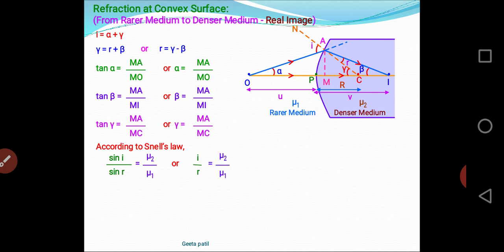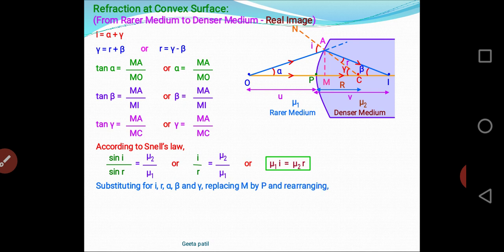Since the angle of incidence and angle of refraction are very small, sin I tends to only I and sin R tends to R. Therefore, I by R is equal to mu2 by mu1. Therefore, we can write mu1 I is equal to mu2 R.